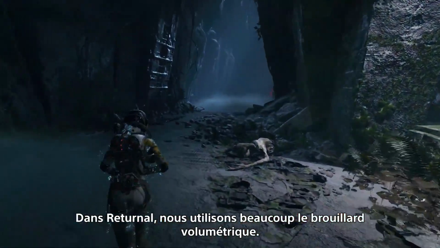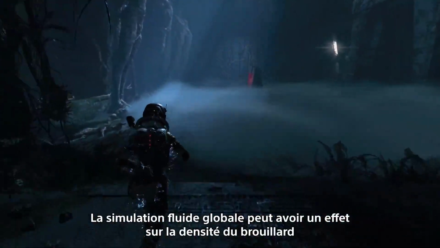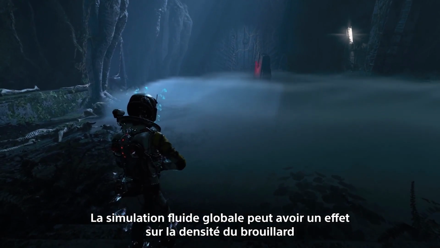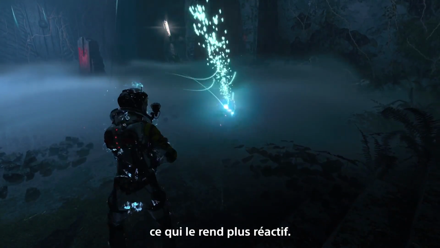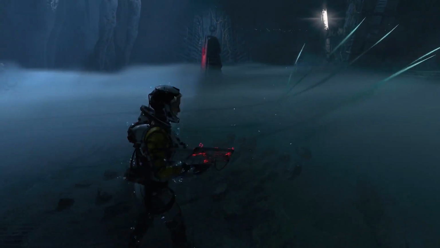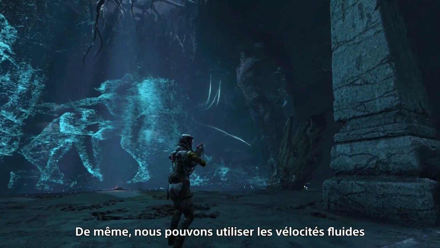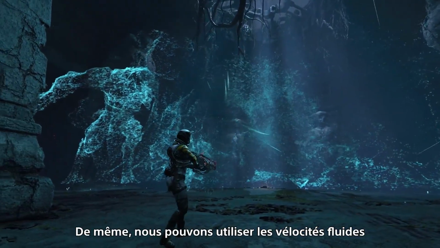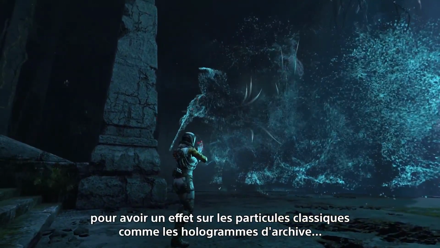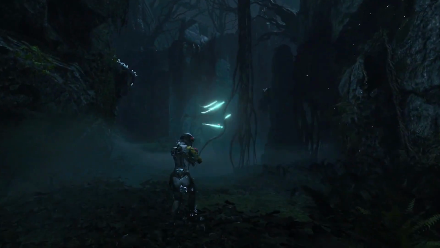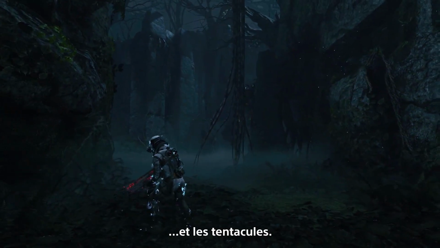In Returnal, we use a lot of volumetric fog in our levels. The fog density can be affected with the global fluid simulation, making the fog more reactive. Similarly, we can use the fluid velocities to affect regular particles like the Xeno Archive holograms. And tentacles.